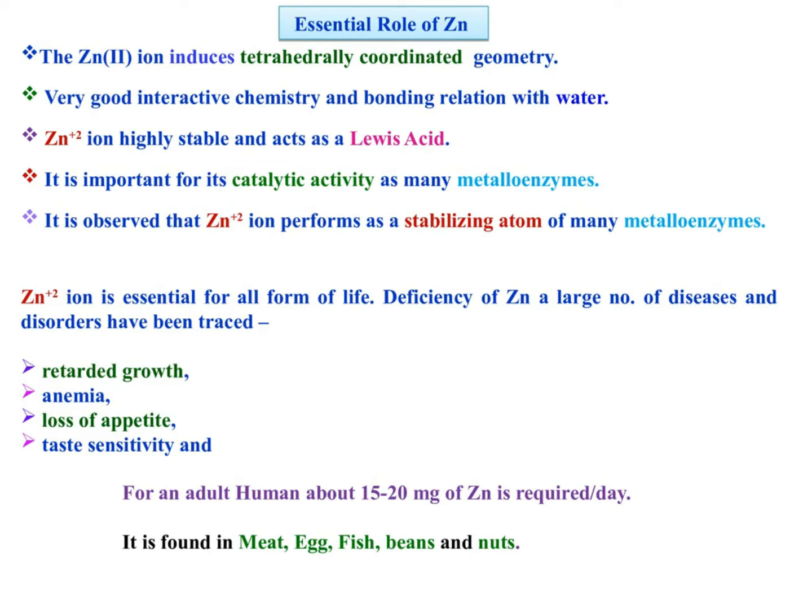Now zinc 2 ion is very essential for our life also. With deficiency of zinc in our body, a large number of diseases or disorders can be observed.